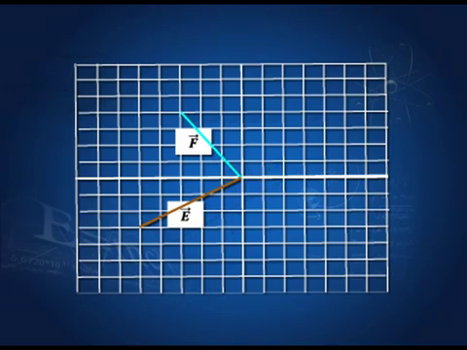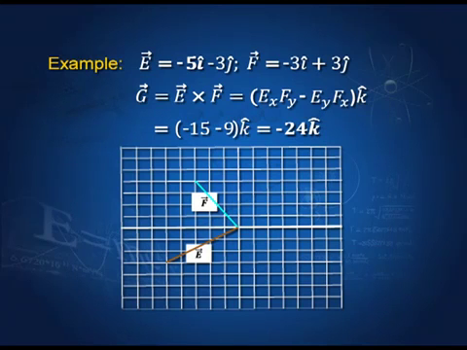Let us take another example. Here we have in this diagram vectors E and F, where vector E is minus 5 times i cap minus 3 times j cap, and F is minus 3 times i cap plus 3 times j cap. The product vector G is perpendicular to both E and F, and E and F are in the xy plane.